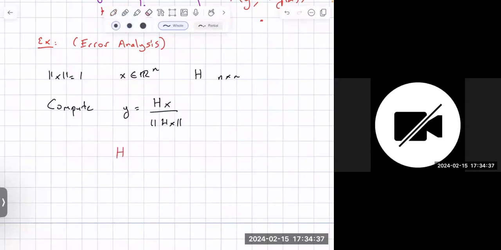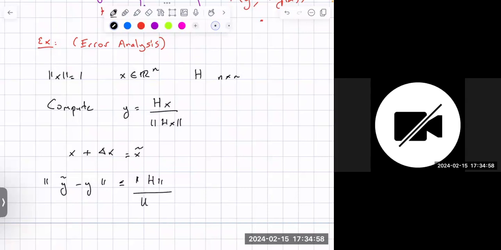The bound comes out like this, involving the operator norm of H. If I had some error in X, let's say this is my X tilde, and I compute Y tilde. Y tilde minus Y comes out to be less than the operator norm of H divided by this denominator, the norm of HX, times the error.